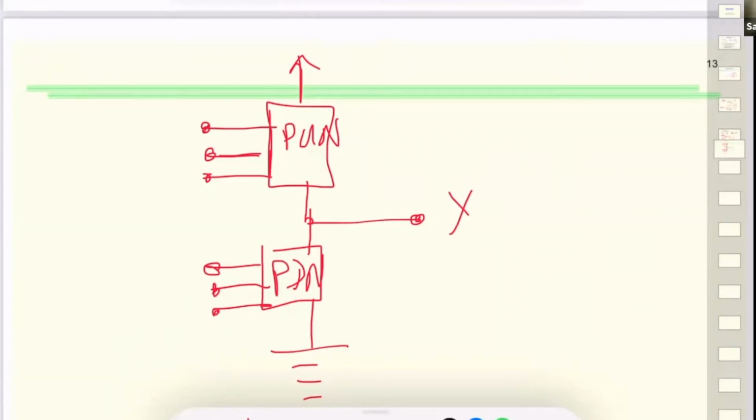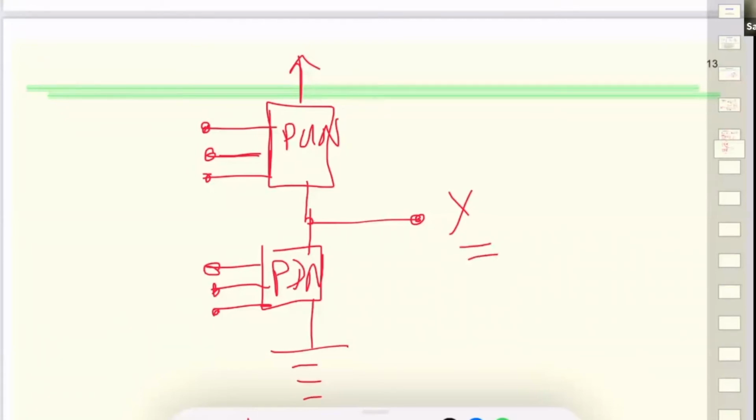So for a 3-input gate, the PDN will conduct for all inputs that require a low output, and that would cause the zero output at this point.